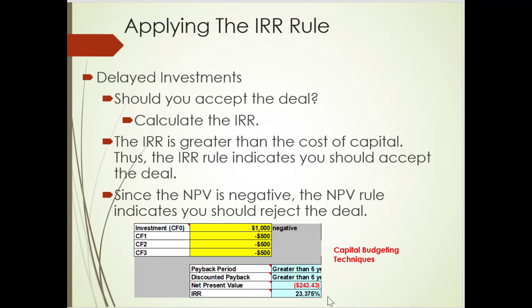But let's think about what the net present value number tells you. The net present value tells you that you are actually going to be worse off in value. Your wealth will decline. In this case, it'll decline by $243,000 over this 3-year time frame.